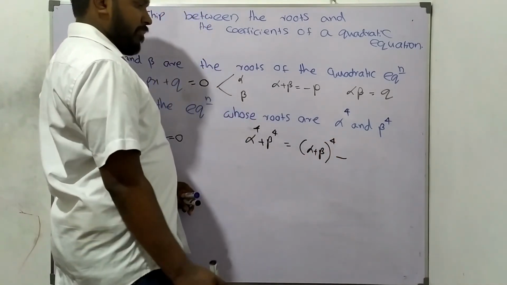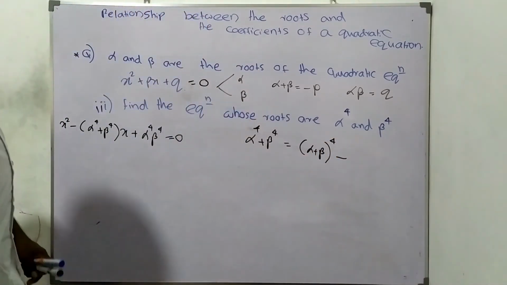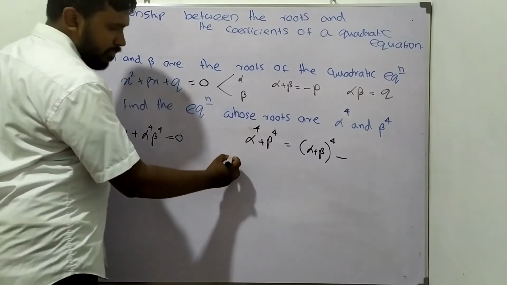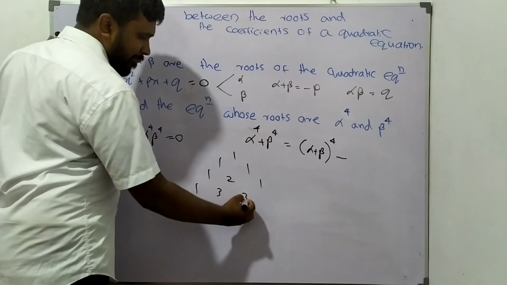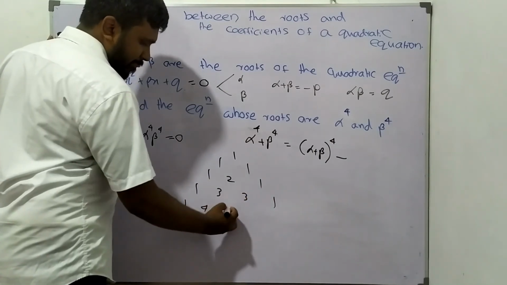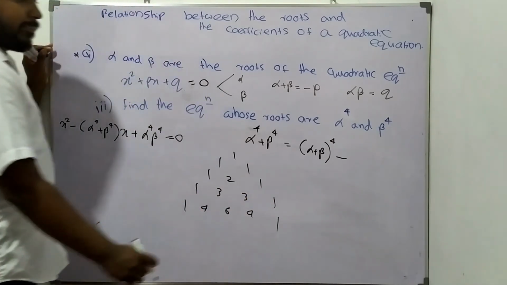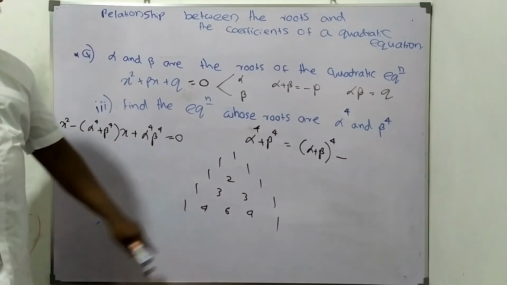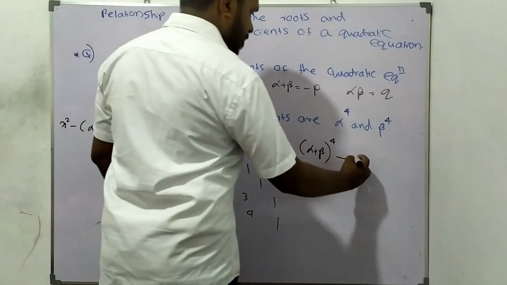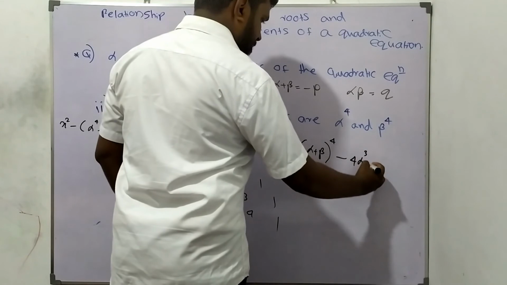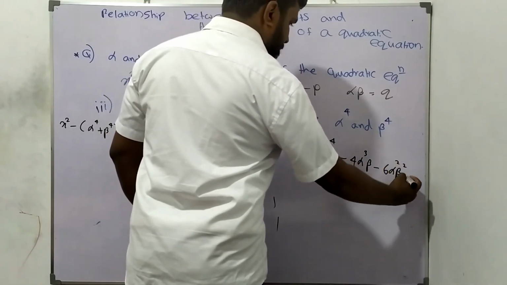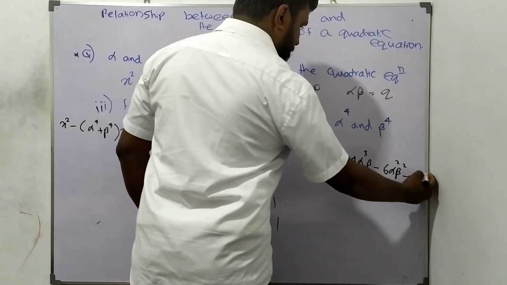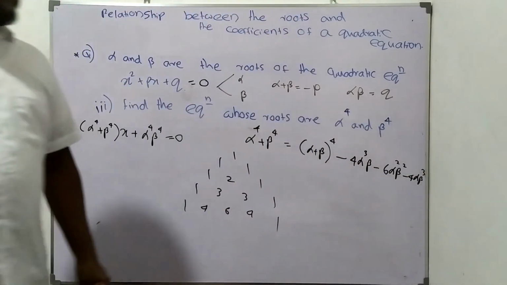I'm going to use the Pascal triangle expansion. The rows are 1 1, 1 2 1, 1 3 3 1, 1 4 6 4 1. The middle terms are 4, 6, 4: minus 4 alpha cube beta, minus 6 alpha squared beta squared, and minus 4 alpha beta cube.